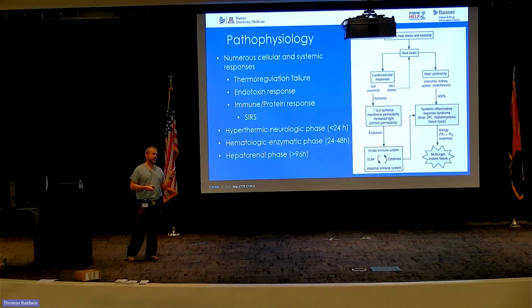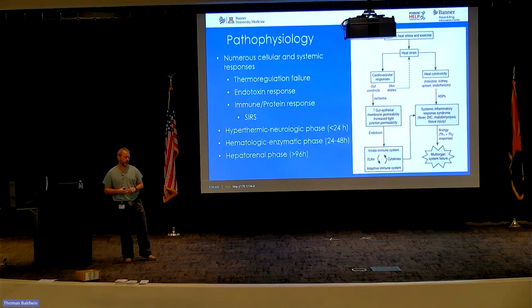And what that eventually does, if it's long enough, persistent enough, we can get hypoperfusion of the gut, which causes an alteration in the membrane permeability of the otherwise intact gut. And it causes this leakage of endotoxins that normally stay within the GI tract, and they translocate into the central vasculature, inducing this endotoxin-mediated immune response.